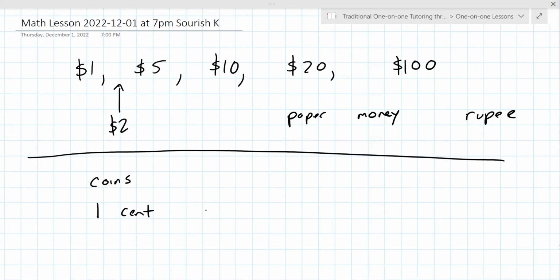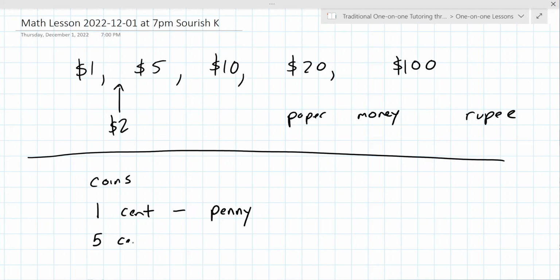What is the 1 cent coin called in our country? 1 cent equals 1 cent. We have a special name for it, though. The penny. The penny, that's right.